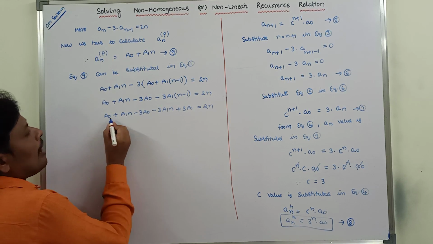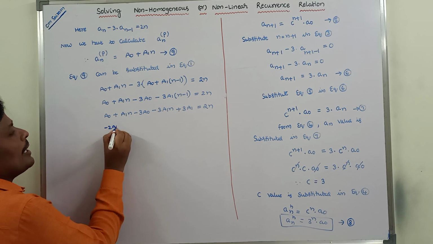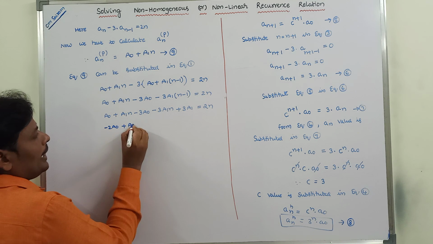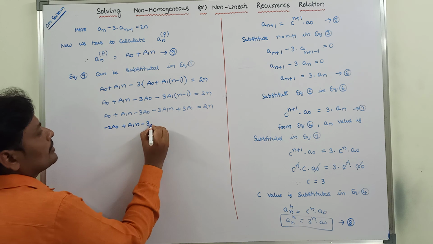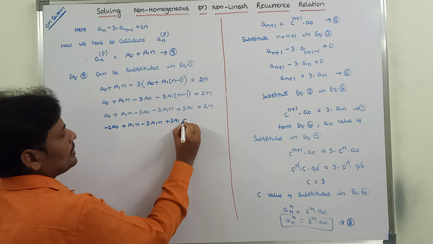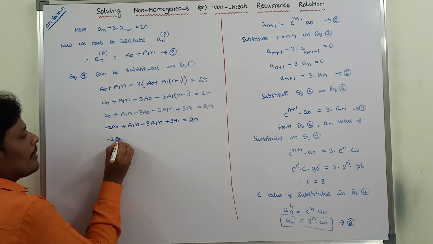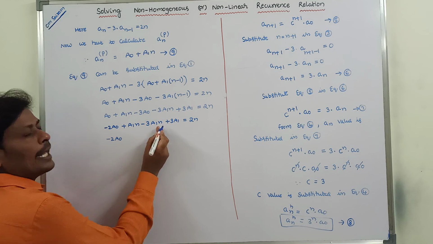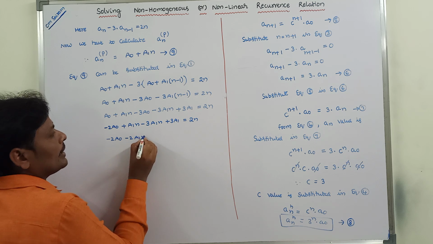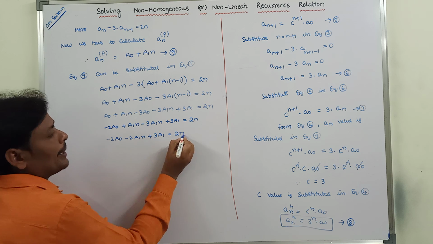Next, a naught minus 3a naught can be written as minus 2a naught plus a1n minus 3a1n plus 3a1 is equal to 2n. Okay, minus 2a1n plus 3a1 is equal to 2n.